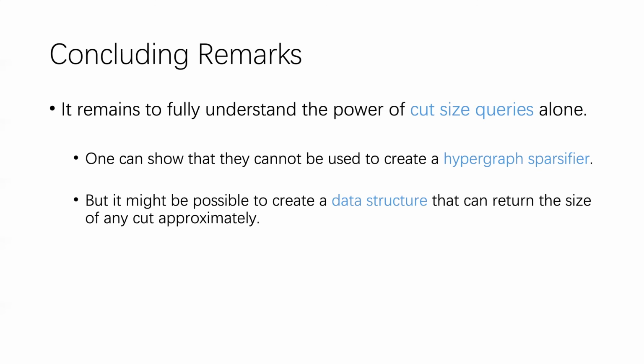However, it might be possible to create a data structure that can return the size of any cut of this graph approximately. And the main difference is, in this problem, we are not required to only use the hyperedges in the original graph. And thanks for listening.